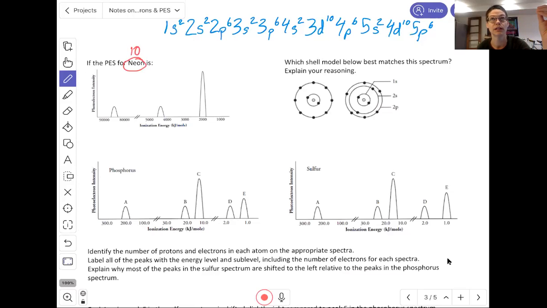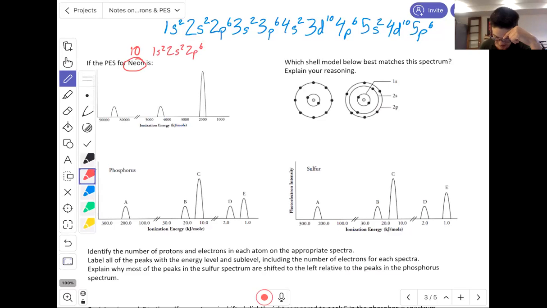So if I had asked you last week to write the electron configuration for neon, what would we write? 1s2, 2s2, 2p6. Okay. So we know from last week, that's what the electron configuration is. So all we have to do is assign that configuration to these 3 peaks.